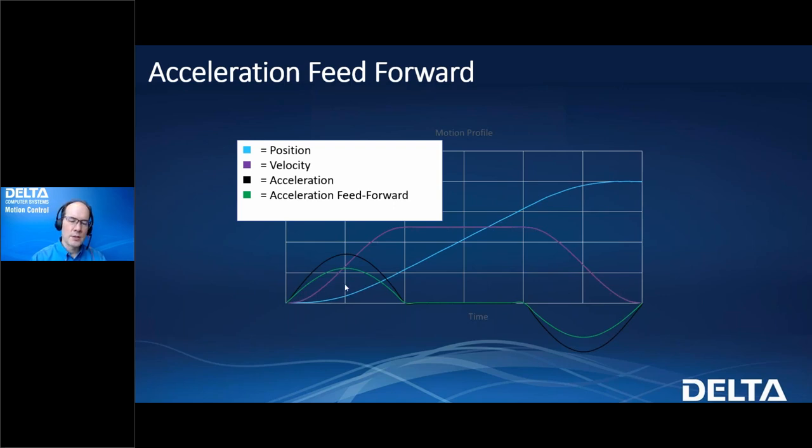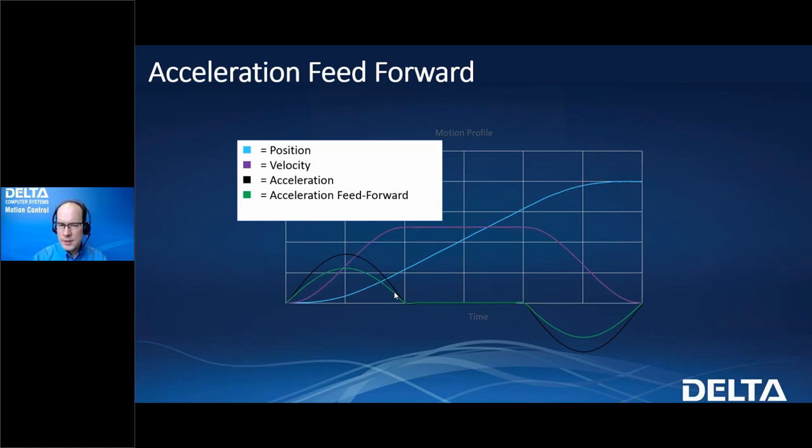So it gives us a little extra boost at the beginning, a brake at the end, so that we can control the acceleration very well. So the proportional gain, integral gain, velocity feed forward, acceleration feed forward, they all contribute their own contribution, and those are summed together for the final control output that goes to the valve on our cylinder.